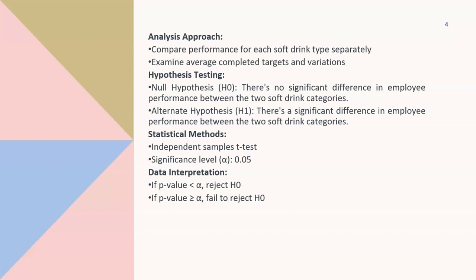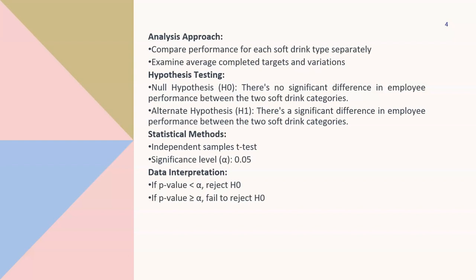That is, there is no significant difference in the employee performance with respect to the two soft drink categories. And the alternative hypothesis is there is significant difference in the employee performance with respect to the two soft drink categories. The default significance level is 0.05.